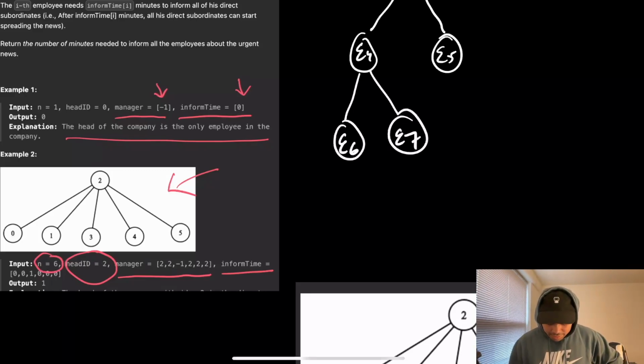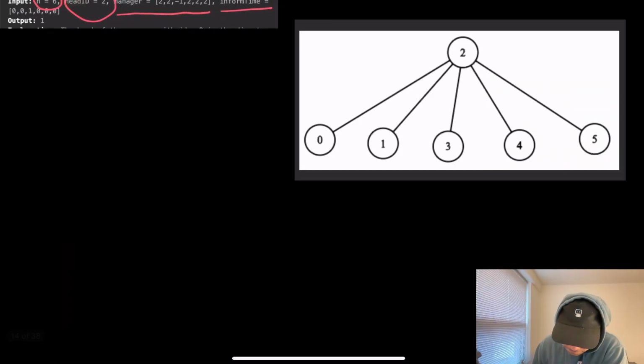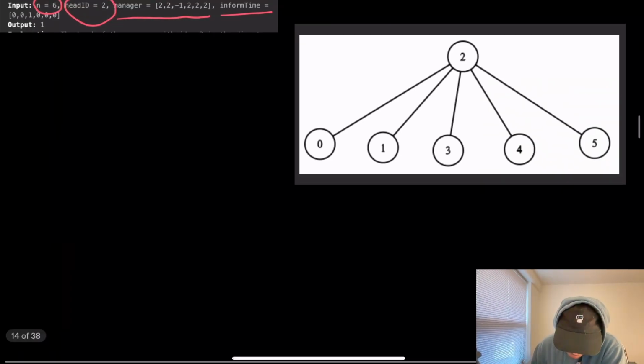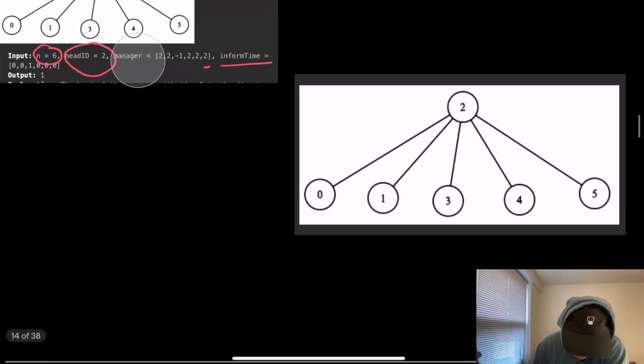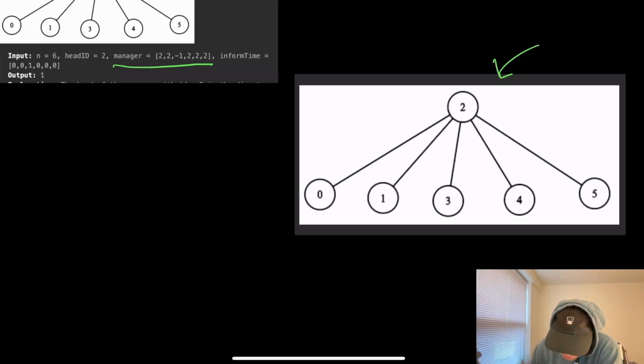Now let's try to understand the second example. Here we are given this particular array, which is manager. This structure is not given to us, we have to create it.